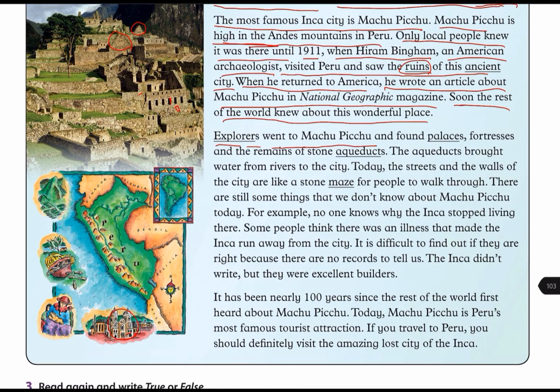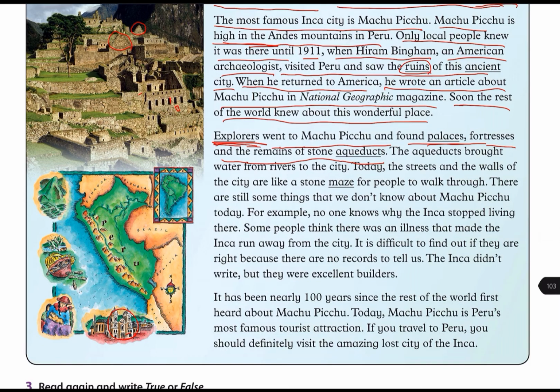Explorers went to Machu Picchu and found palaces, fortresses, and the remains of stone aqueducts. Good. Explorers, what's explorers? Explorers are people who travel to parts of the world that people don't know about. So that's called explorers. And they went to Machu Picchu and they found palaces.